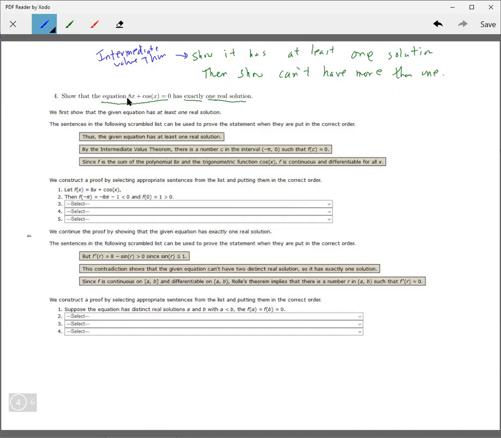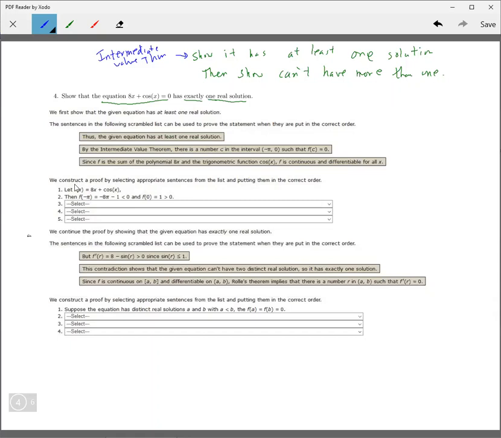Okay, so this is an equation. So we let f of x be that equation. Let f of x equals 8x plus cosine x. And then you start plugging in values, because you want to show that this function is 0.